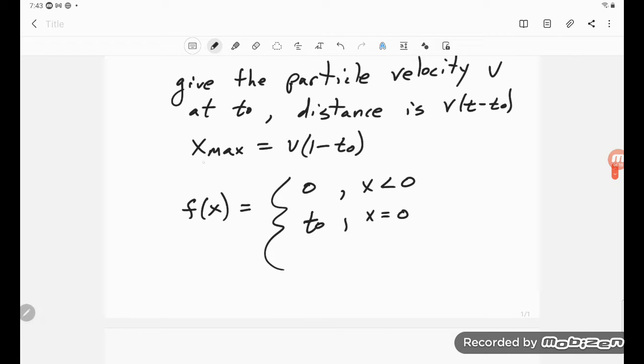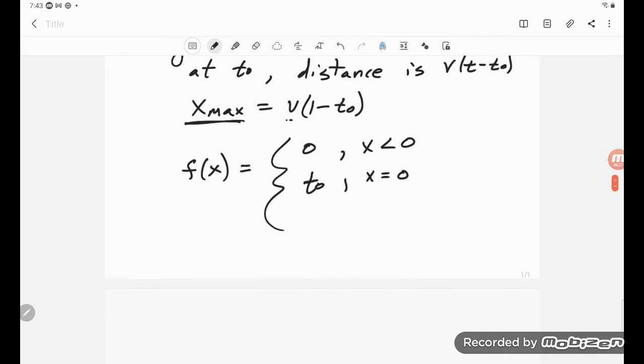Now, our x max, it goes from 0 to our x max. And so I'm going to start this by saying, okay, this is just, I would go with 1 over x max. And we'll write that down as this stuff here in a minute.